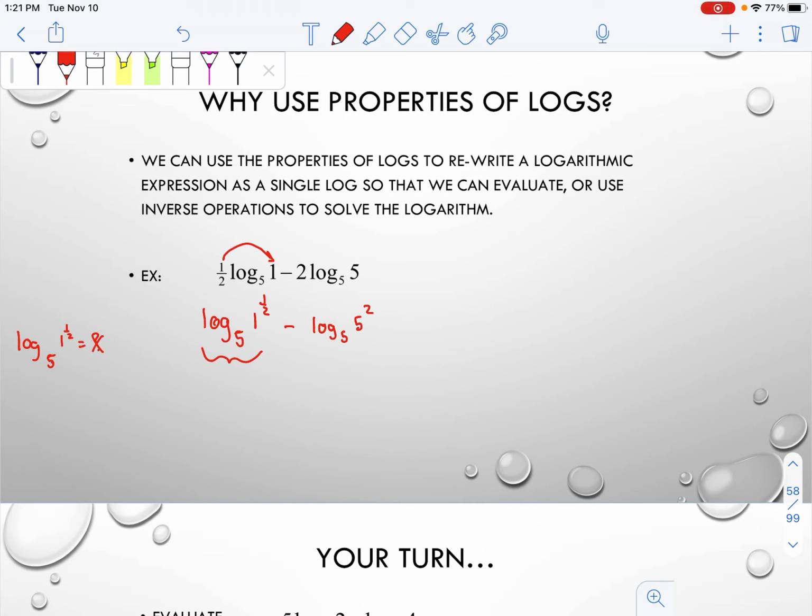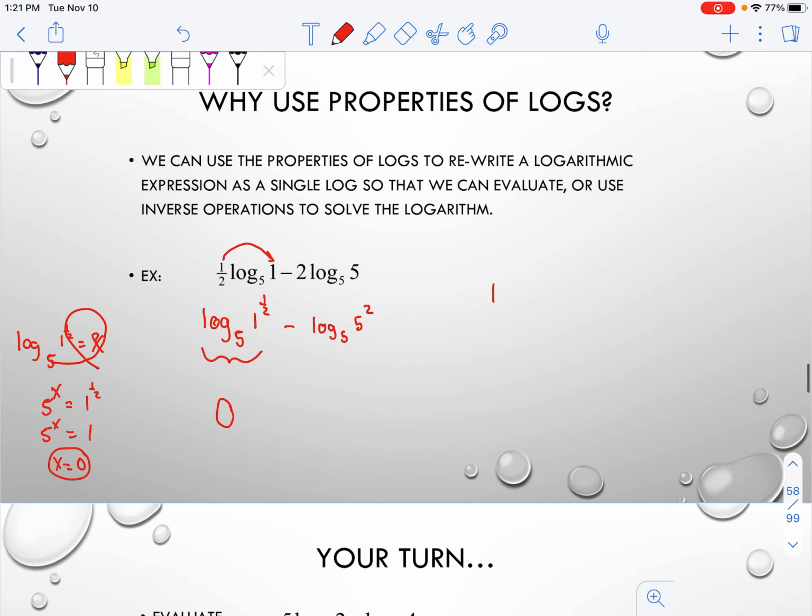We can call it x, so 5 to the x equals that. 5 to the what power equals 1 to the 1/2? Well, 1 to any power is 1, and anything to the 0 power equals 1. So essentially x has to equal 0 here, because anything to the 0 power equals 1. So this expression on the left simplifies to a 0.